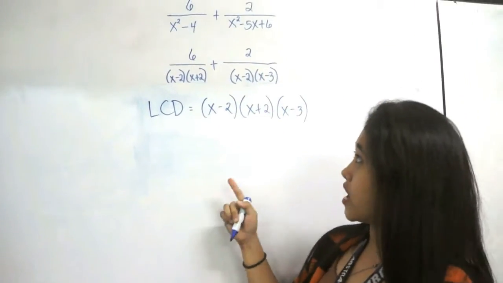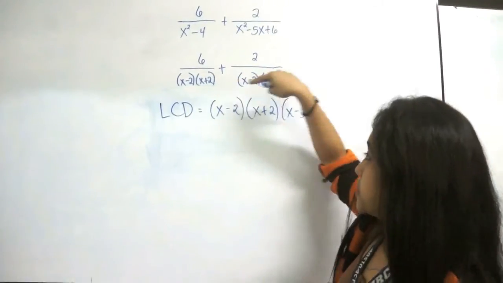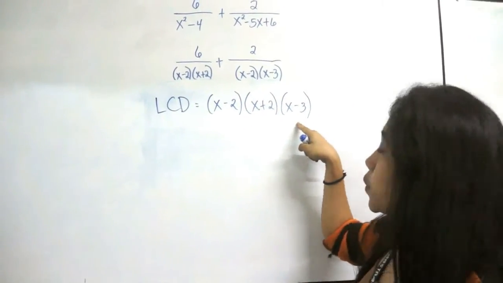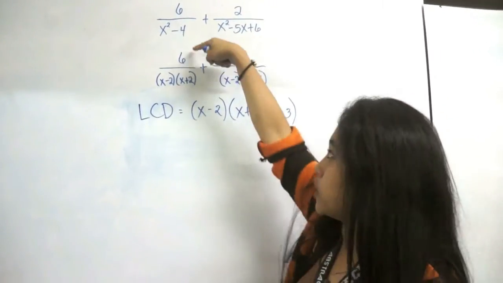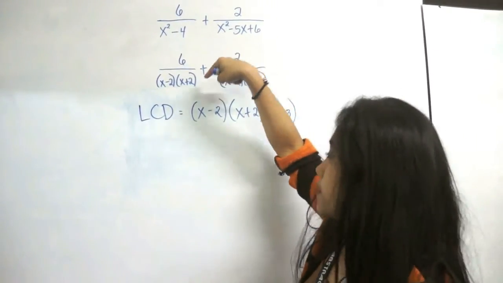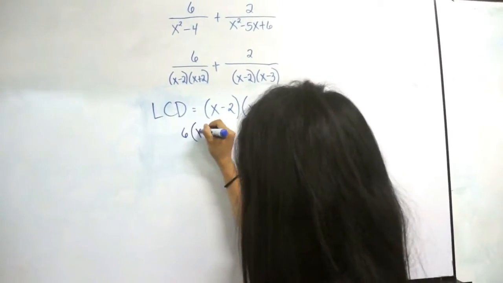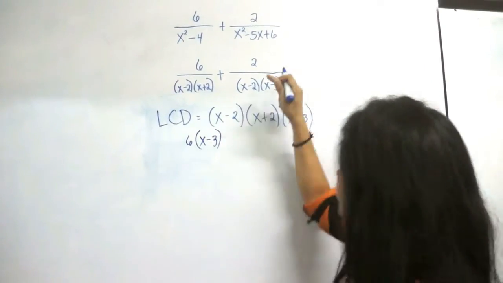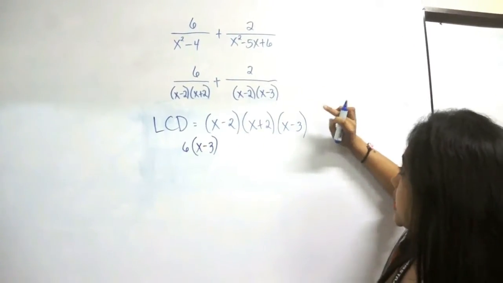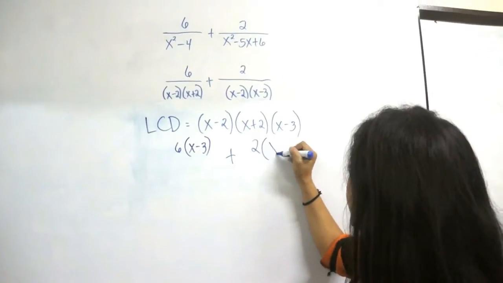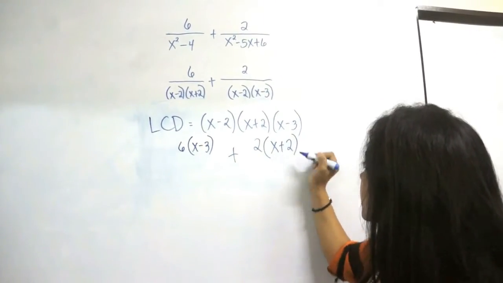So if you compare the first fraction's denominator to the LCD, the only difference is x minus 3. So we copy 6 and write x minus 3. For the second one too, the difference is x plus 2. So we copy 2 and x plus 2.